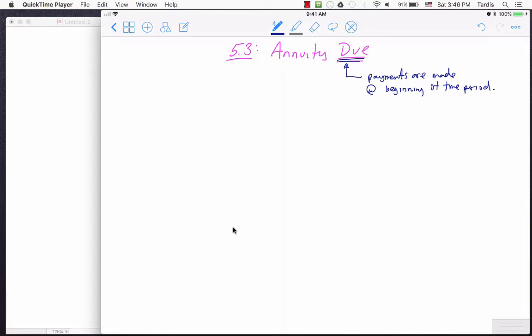Okay, so let's illustrate what could happen in this case and how these are different than ordinary annuities.